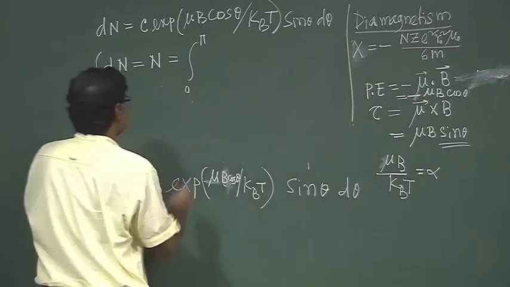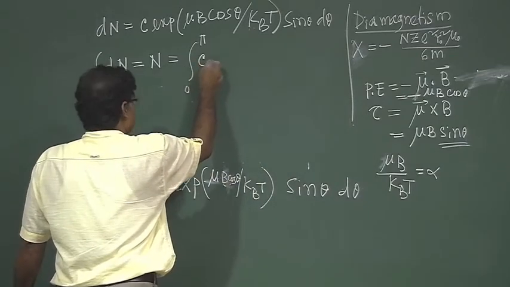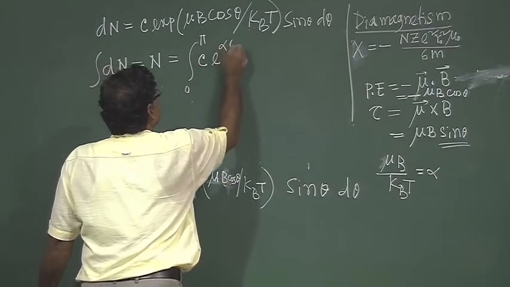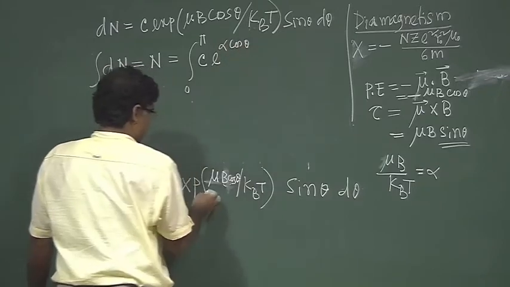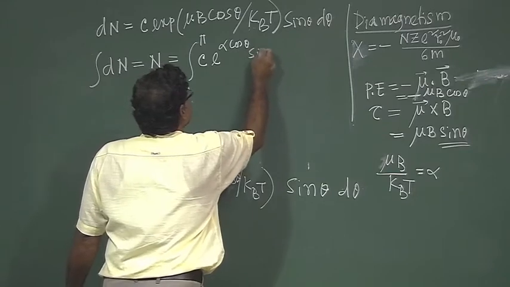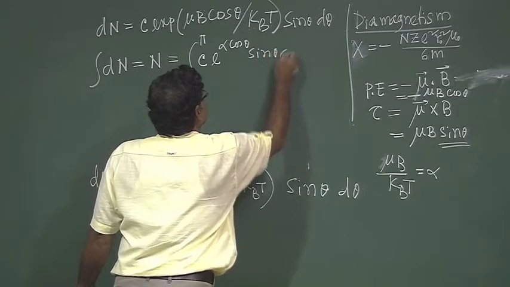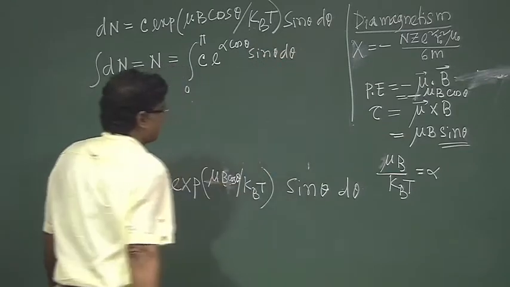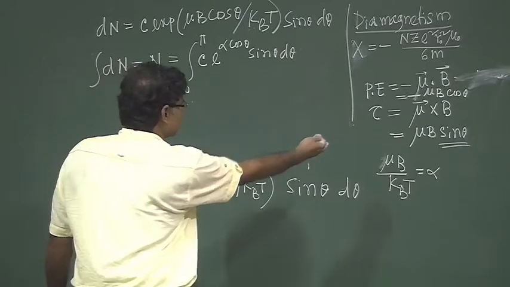So this I can write as C e to the power alpha cos theta, sin theta d theta, right, where alpha is equal to this.